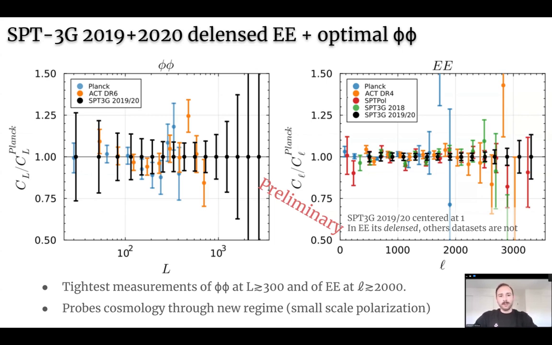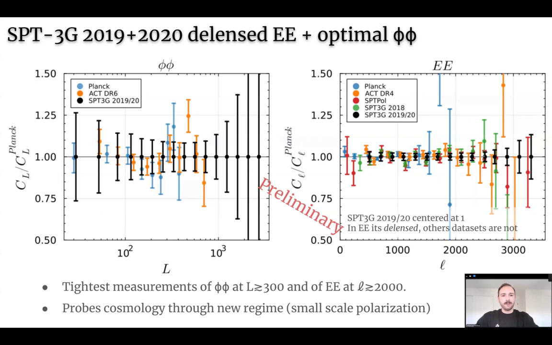So if you focus here first on just the E modes, it's a little bit weird to put on the same plot, but I think still instructive. So the black points are delensed, whereas all the other points are not delensed. They're the primary CMB. But that shouldn't have a major impact, I think, at this level.